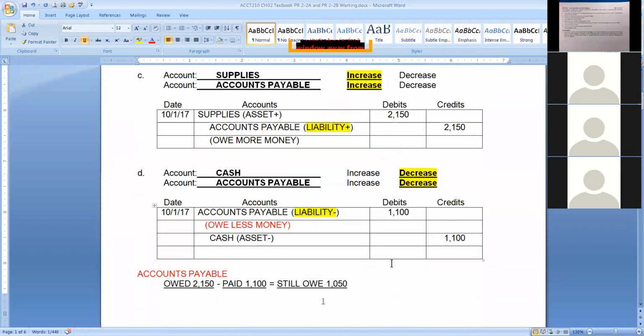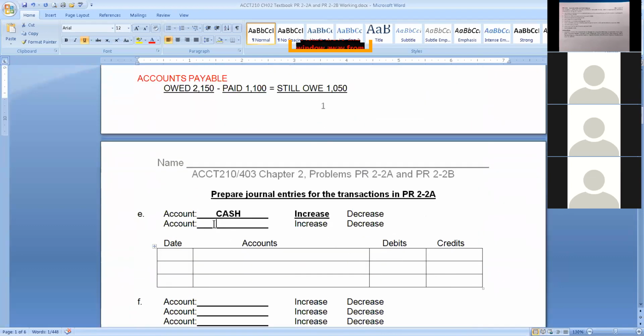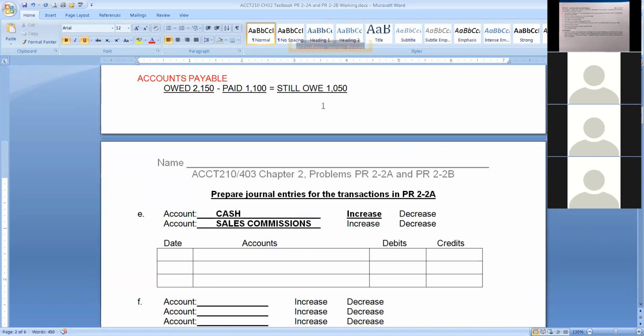Yes, and that is going to be a revenue account. So this would be sales commissions, and they will be increasing. This is a revenue account, which I know is a little bit confusing right now. And I think I'm going to go down to the end of the page on this one. Okay, so cash is going to increase.